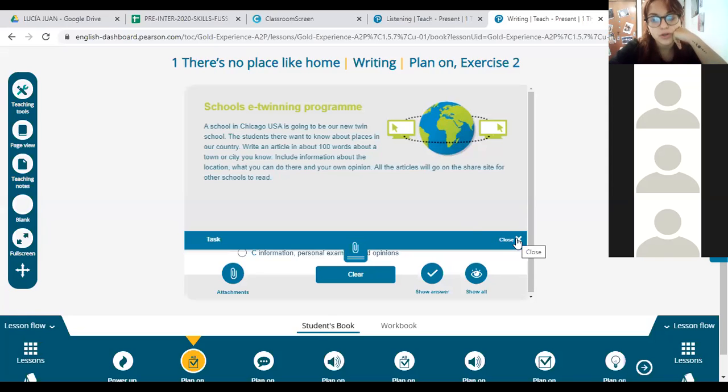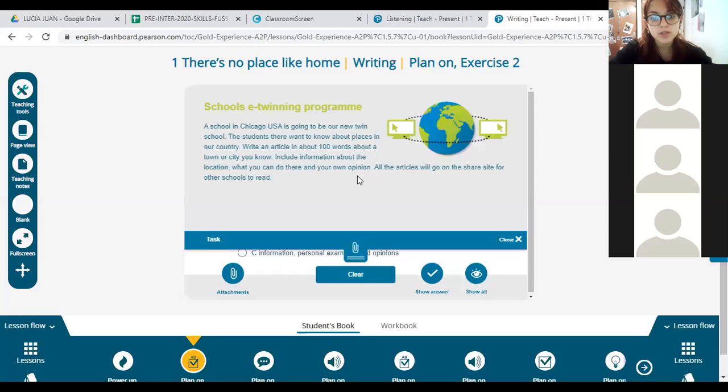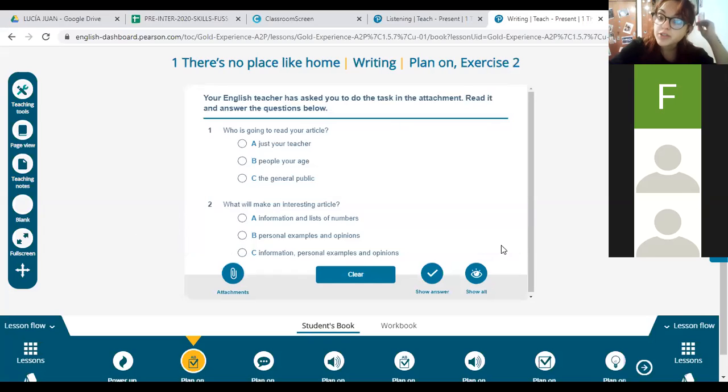Good. So you need to write an article that other students are going to read in the USA. So, who is going to read your article? Just your teacher, people your age, or the public in general? Let's go back here. Who is going to read it? Just teachers, other schools, other students from other schools, or everyone? Other students. So people your age.